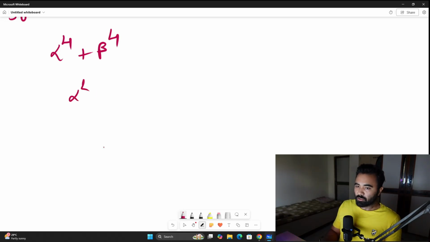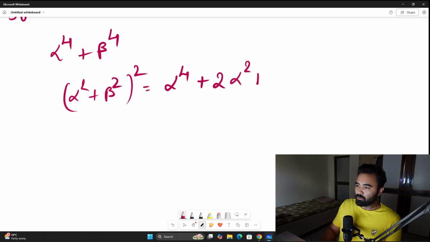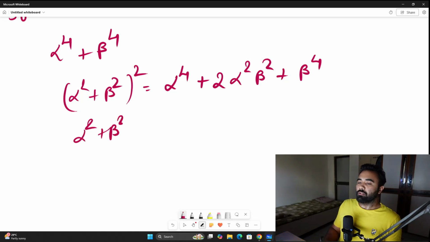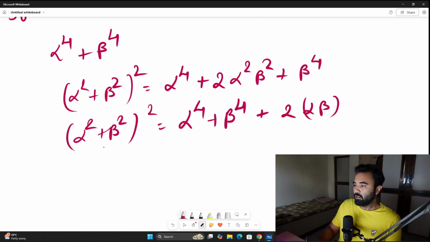Alpha square plus beta square whole square gives you alpha to the power 4 plus twice alpha square beta square plus beta to the power 4. So alpha to the power 4 plus beta to the power 4 equals alpha square plus beta square whole square minus twice of alpha beta whole square.